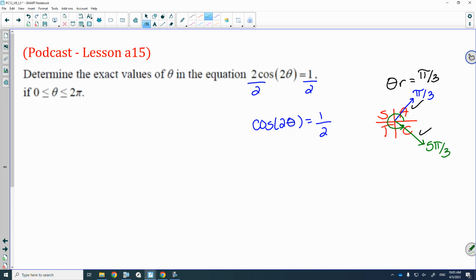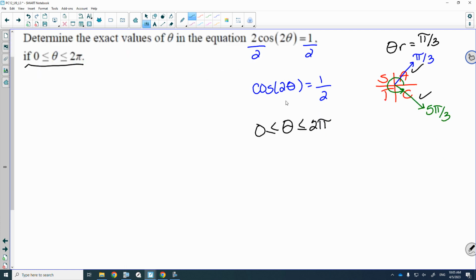Okay. I'm going to write the domain given. So theta is less than or equal to 2 pi, greater than or equal to 0. I'm going to double my domain. My argument is a double angle.